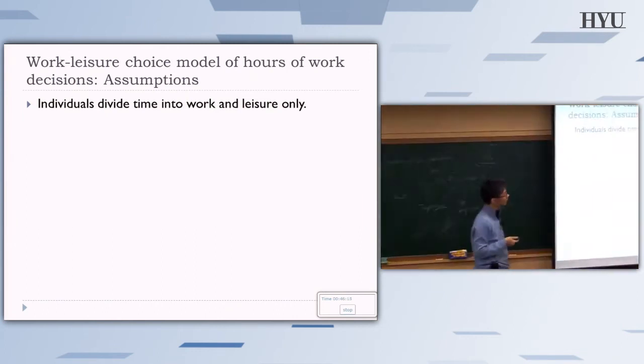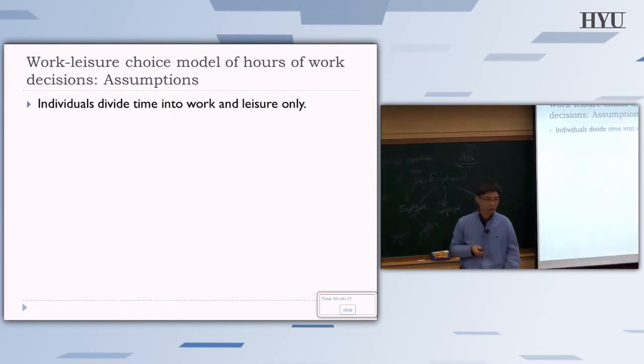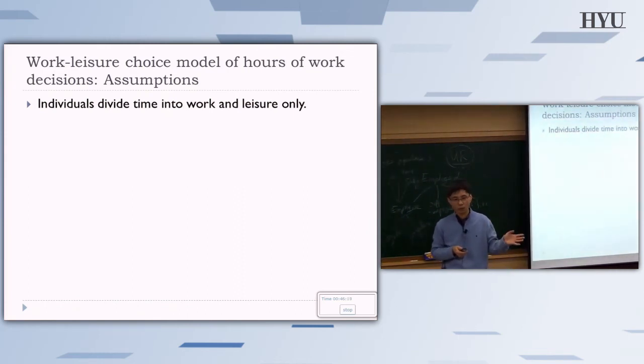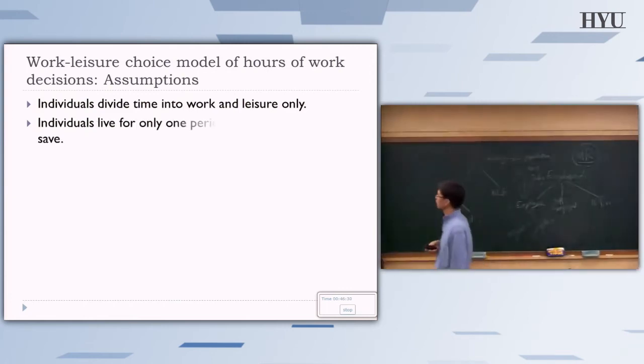There is actually a model that has three uses, like leisure, homework and market work, but at the end, having only two activities can explain lots of things really well. So we just use two activities.